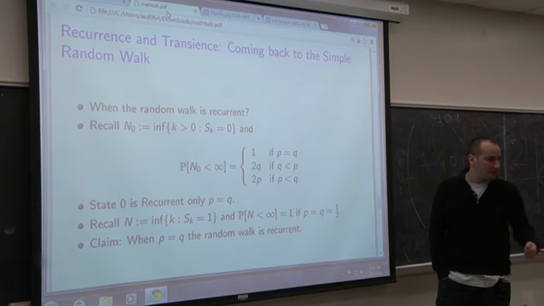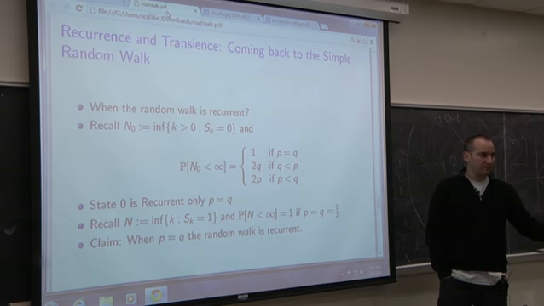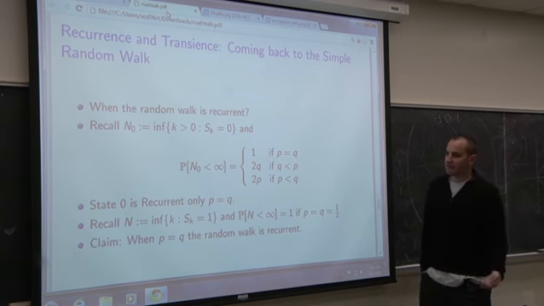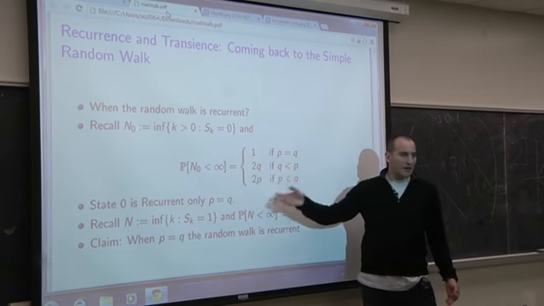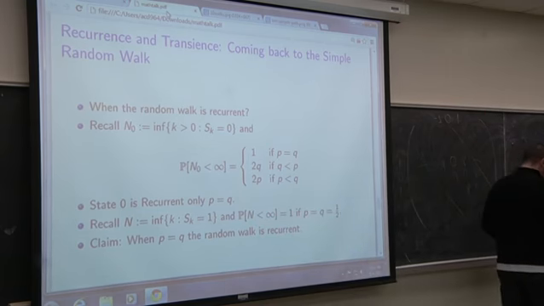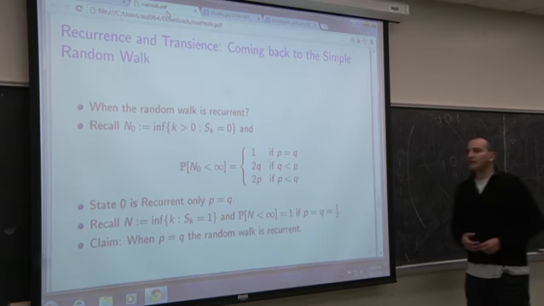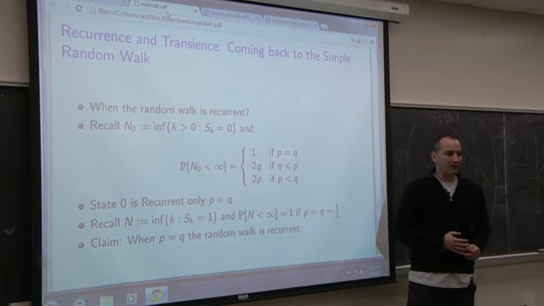By definition of recurrence, I'm going to achieve all the states for sure. In the case that I have an unbalanced walk, I may not return to state 0 with positive probability, therefore that chain is transient, and it's recurrent only if I have the balanced case, half and half.